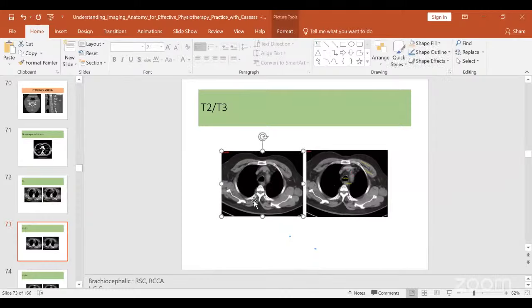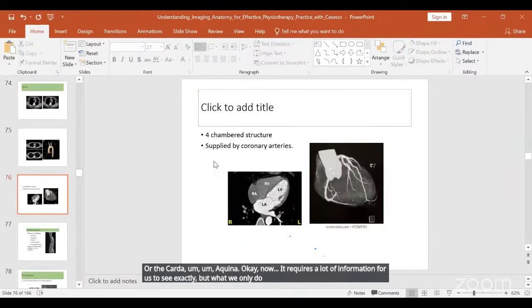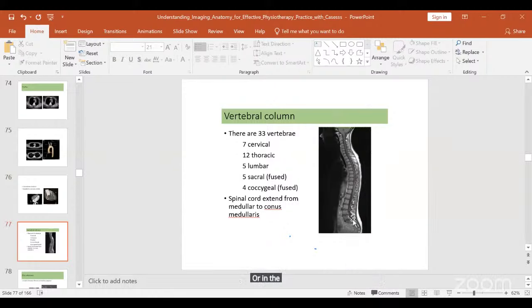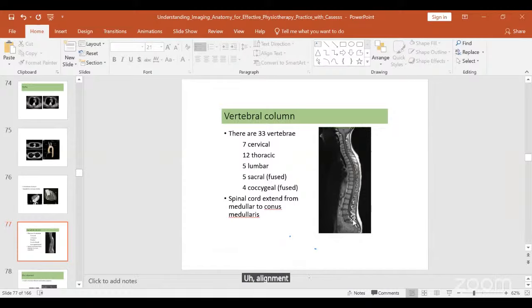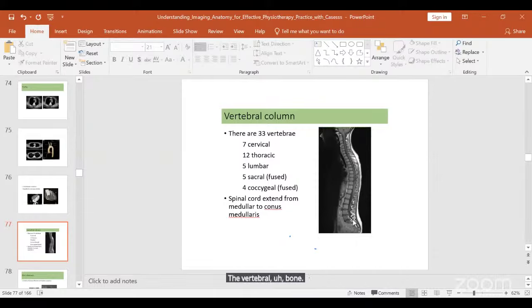It requires a lot of information for us to see it axially. But what we do is reconstruct it in order to see it in either the sagittal or the coronal view, just like in this image. We can have one single shot to give us the entire alignment of the entire vertebra. This alignment in the sagittal view can give us a lot of information around the intervertebral disc spaces, along the vertebral bone, vertebral bone density, and other factors.